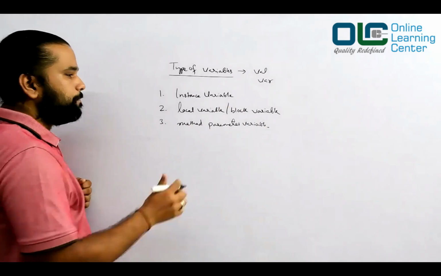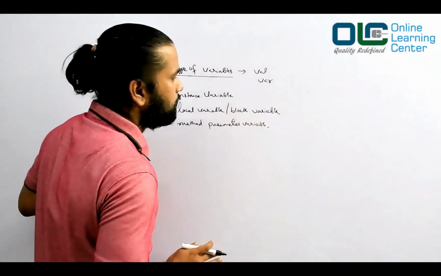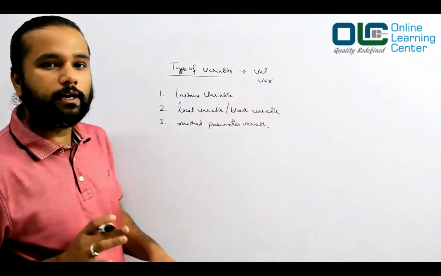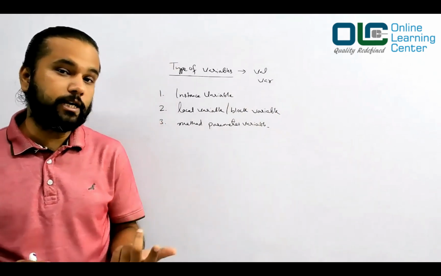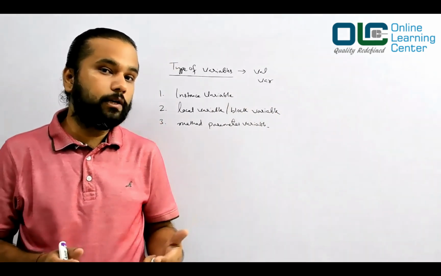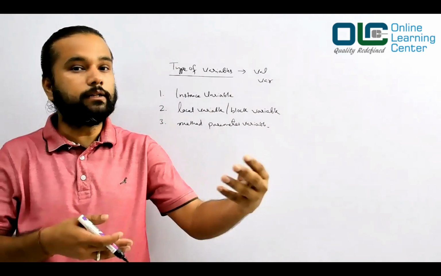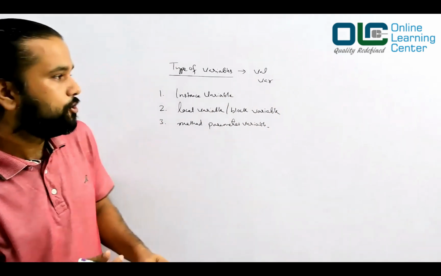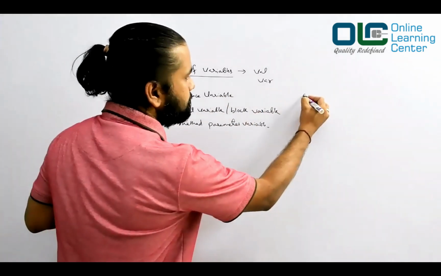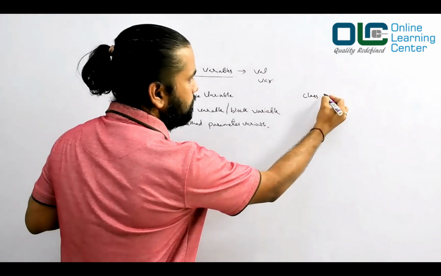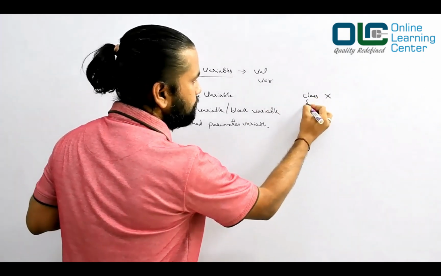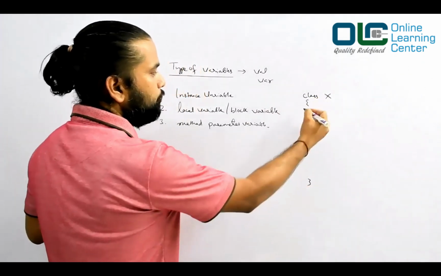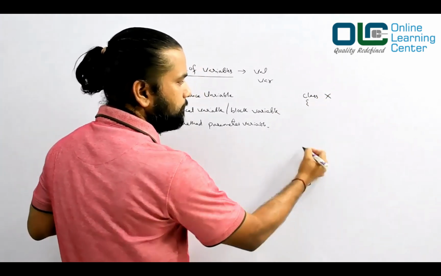Okay, so instance variables are basically the properties of a class. Generally what happens when you write a Java program or Scala, one or other way you write a class, right? So inside the class you put all your stuff. So when you have a class X, now you may be interested to write some variables here, right?